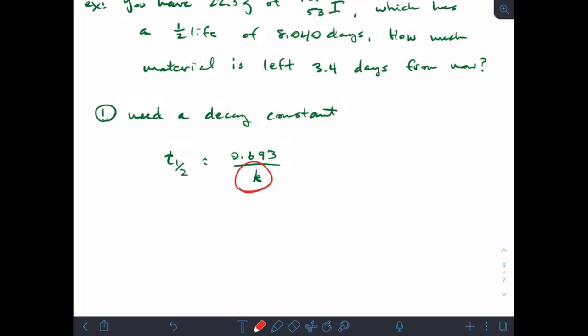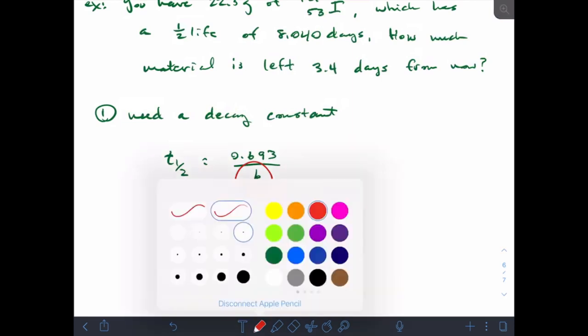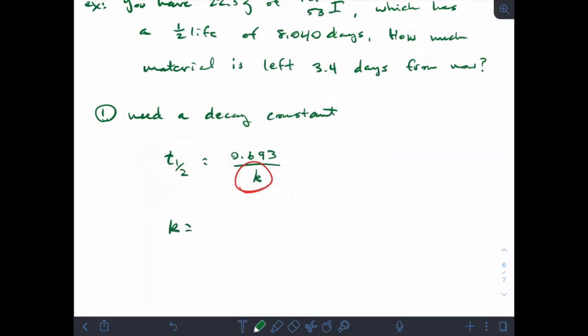This problem is very much like the type of half-life problems that we did previously when we were doing kinetics. Since I know what the half-life is, I can rearrange my equation and say k is 0.693 over T1/2, in this case 0.693 over 8.04 days.